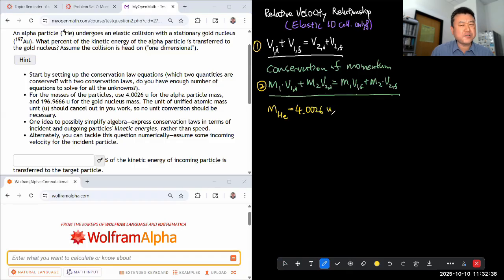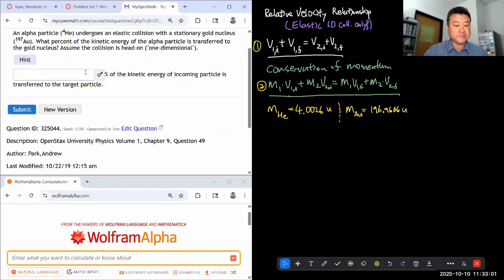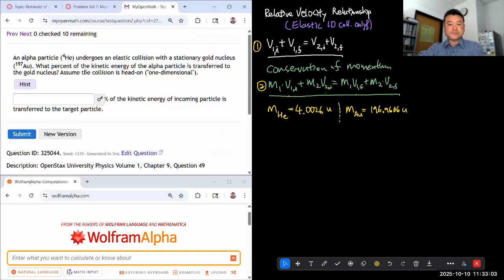I think this is in unified atomic mass units. It's some uniform reference number, and that's all we care about. And the mass of the gold particle is 196.9666 u. I probably could have used their mass numbers 4 and 197, and it would have been close, but let's just be precise.